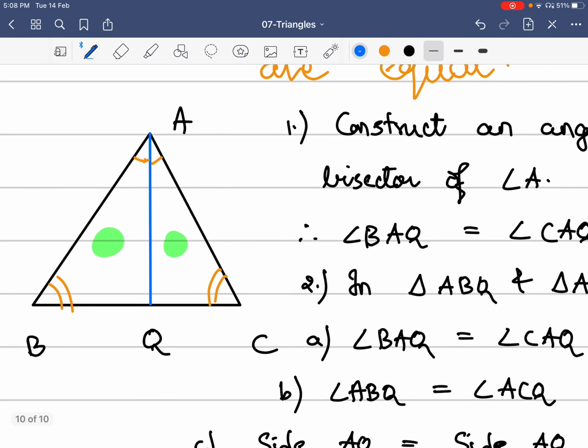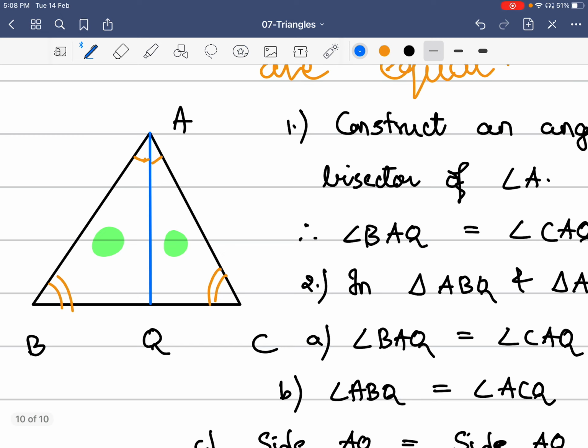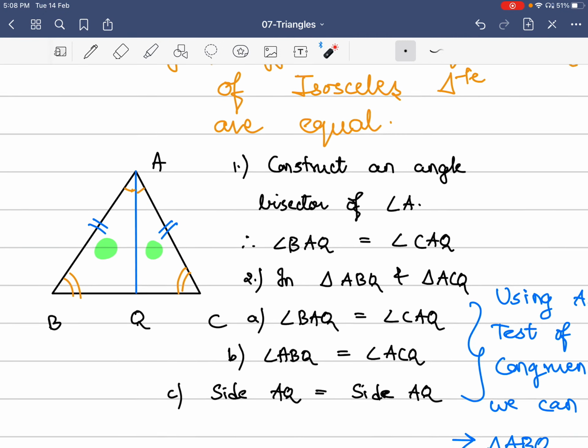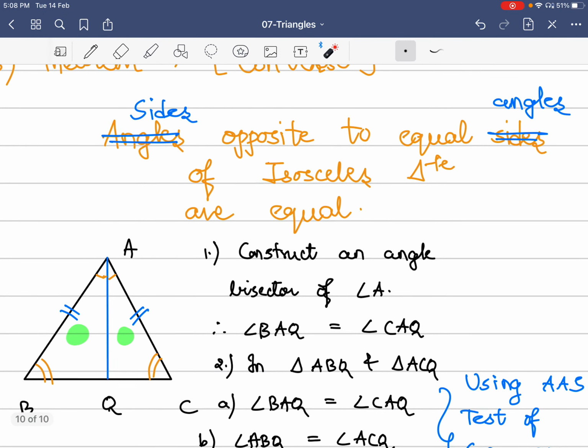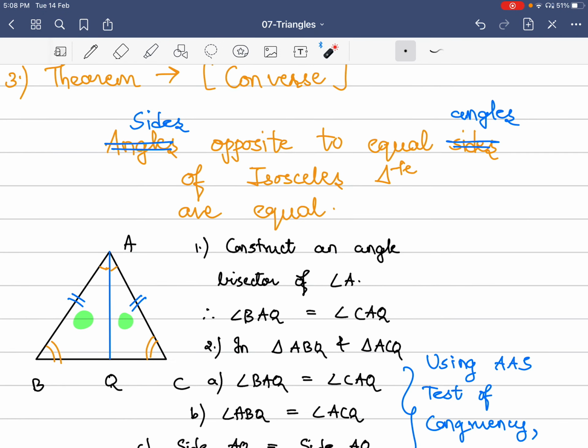If we come to this triangle, this is side AB and this is side AC, which are equal to each other. But most importantly, these two sides are opposite to the congruent angles. So thus we have proved the converse of the theorem, which says that sides opposite to equal angles of an isosceles triangle are equal.